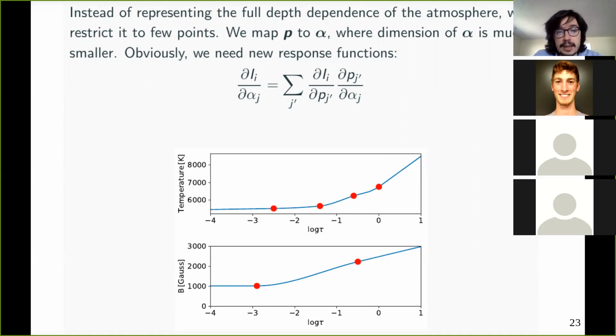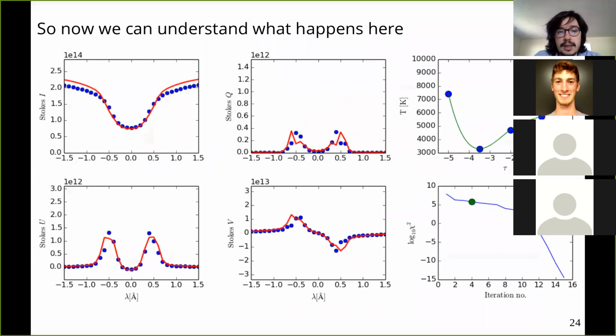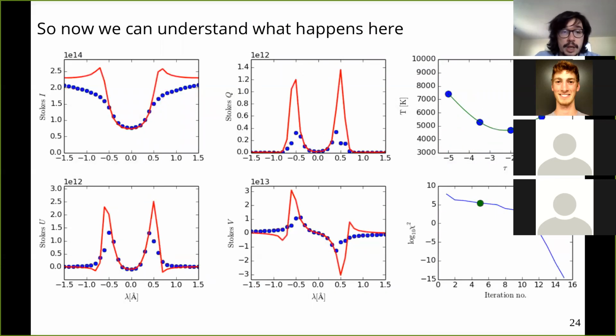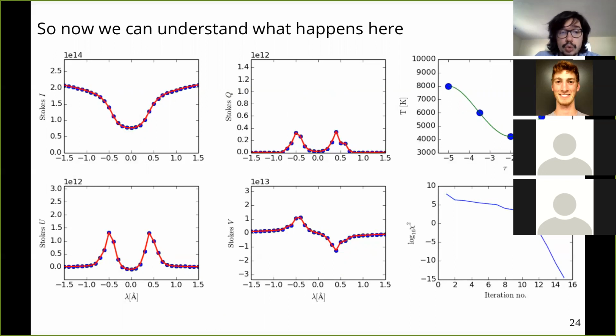Then we can make these nice GIFs of inversions, where in the left 4 panels, in what is obviously a very, very simple toy model, you see how the Stokes I, Q, U, and V change with iterations to fit the red line to the blue observations. On the top right-hand side, you see how the temperature stratification is changing.